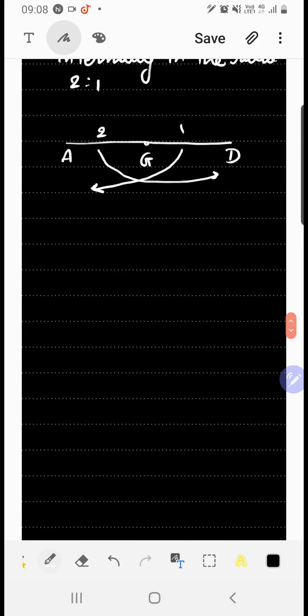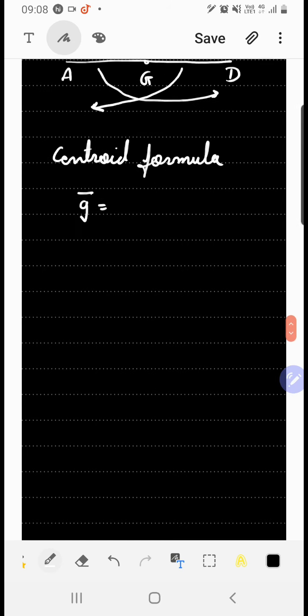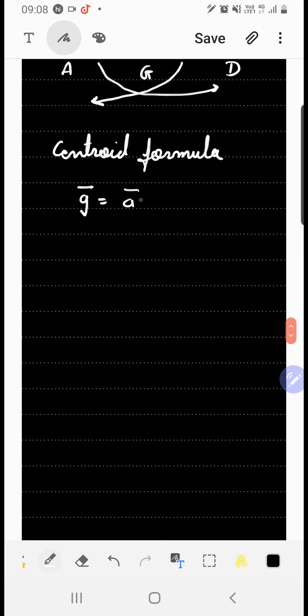Is that clear? Now when we apply the formula, we get the centroid formula, and that goes like this. I'm not giving the proof of it. We directly remember the centroid formula: A bar plus B bar plus C bar upon 3. If you can recollect, in coordinate geometry we used to say sum by 3.